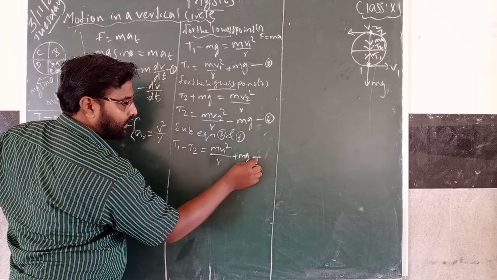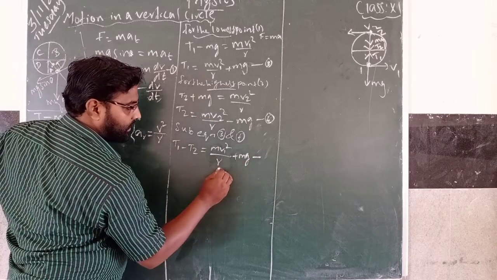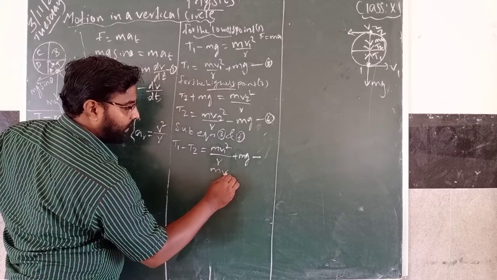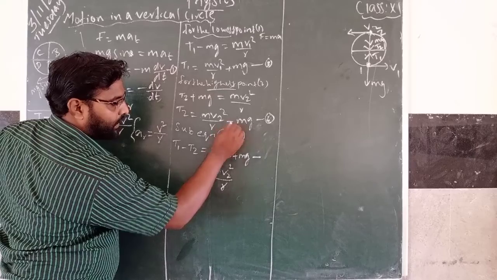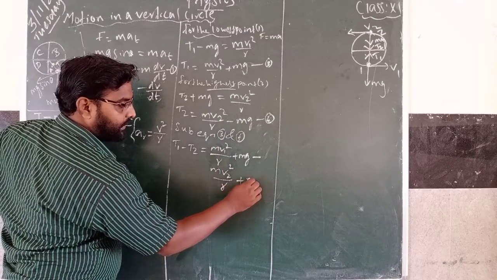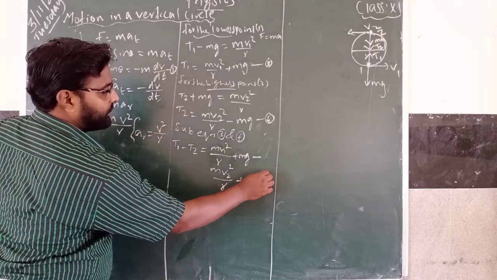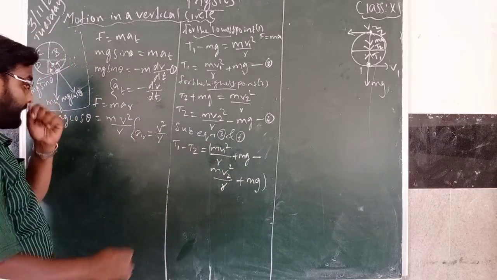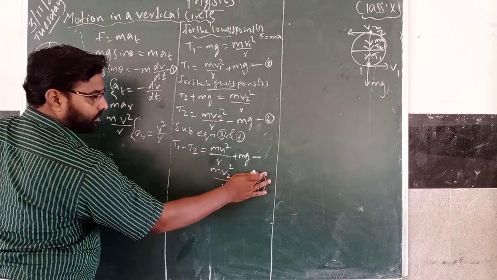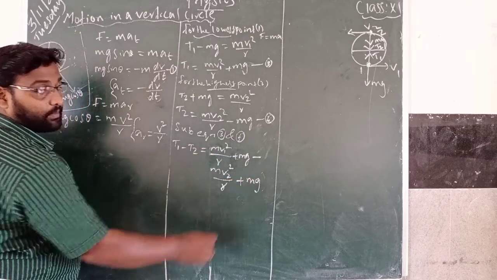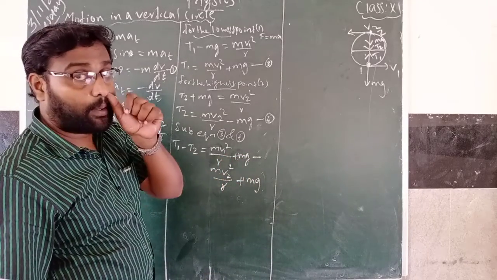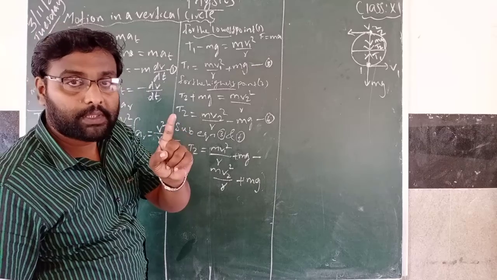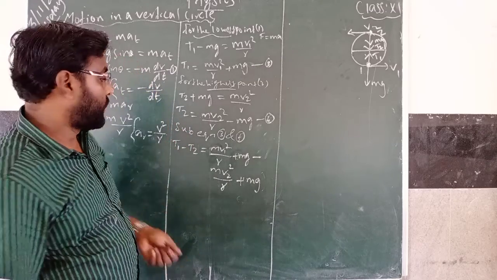Minus here plus and minus becomes plus. So mv2 square by r, minus into minus plus mg. This is what a subtraction. Plus mg plus mg. Plus 1 mg plus 1 mg becomes plus 2 mg.